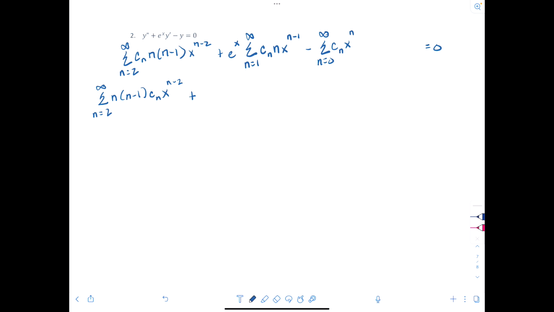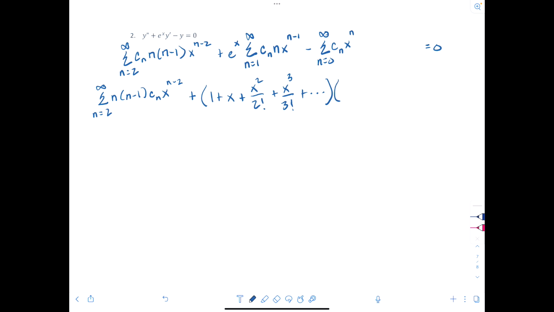So remember, you can look it up on that list. This is going to be 1 plus x plus x squared over 2 factorial plus x cubed over 3 factorial plus ... And then that's going to be times, let's stretch out this summation a bit.